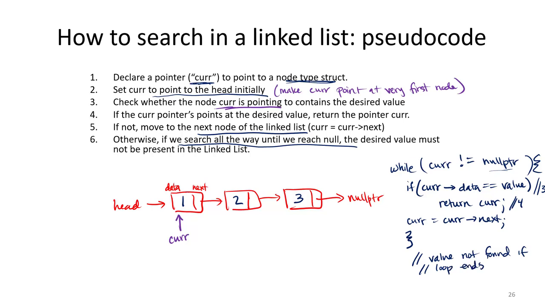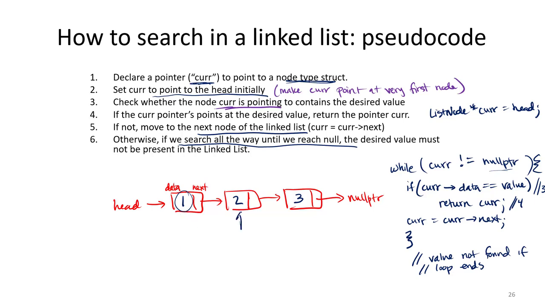So notice how important it is to know how to use loops and our arrow operator in order to manipulate linked lists. So here, our first step again was to declare that pointer cur, make it point at our head initially. And then we go through, starting at our first node. Is current arrow data the value we want? If it is, we return the value of cur to give ourselves the position of that desired node.